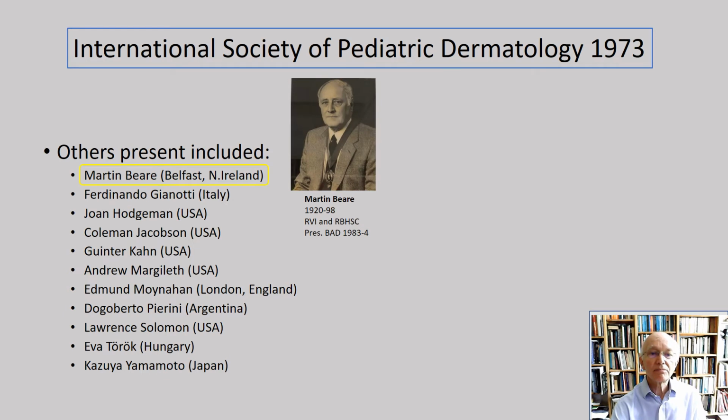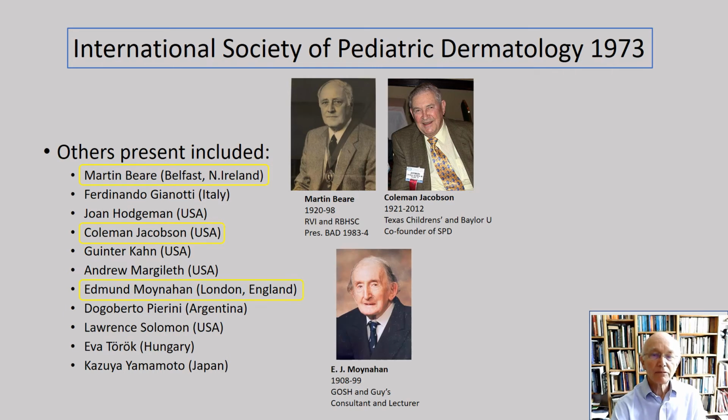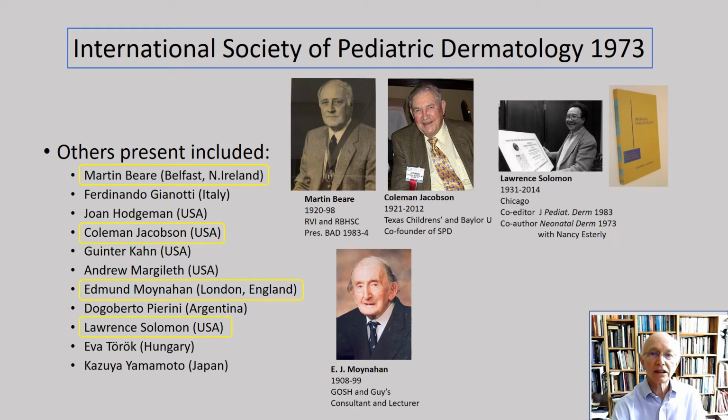Firstly, Martin Beer. He was at the Royal Victoria Infirmary in Belfast and also at the Belfast Hospital for Sick Children. He was later a president of the BAD in the early 1980s. Coleman Jacobson, a paediatric dermatologist in Texas and a co-founder of the American Society for Paediatric Dermatology. Edmund Moynihan, the dermatologist at Great Ormond Street Hospital, also at Guy's Hospital in London.